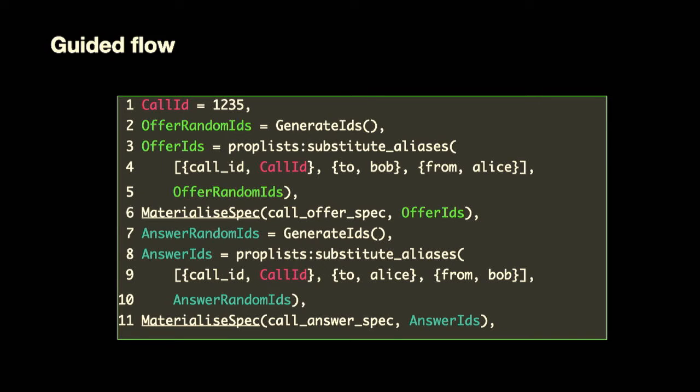So the guided flow helps us ensure this meaningful call ID is inserted in the right place when we construct the standards. In the listing here, in line 2, we randomly generate some call IDs, and subsequently, we insert the call ID into the right places. Note that the partial specs are still randomly generated. This is for the consideration of increasing coverage and the diversity of our generation.